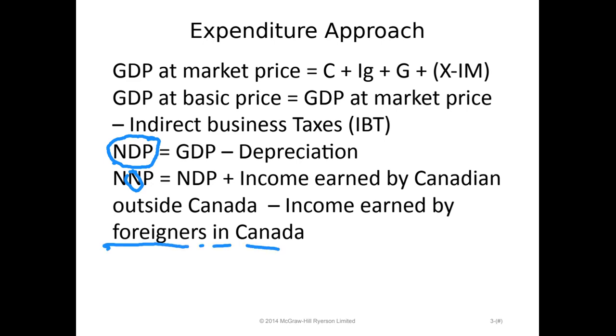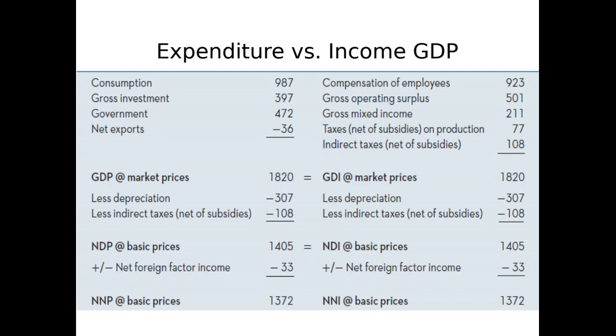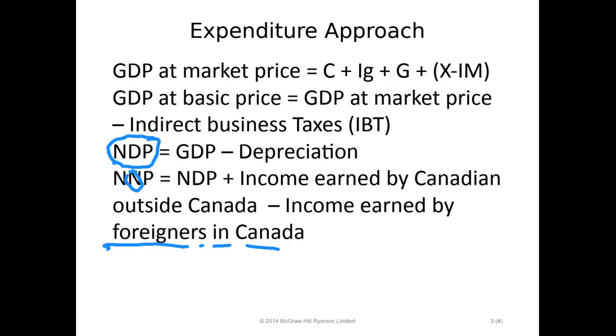If we make this adjustment, notice here, net foreign factor income is, let's say, minus 33 million dollars. I'm just making this up. I don't know what the total is, but suppose minus 33. If income earned by Canadians outside is, let's say, 100 million, then income earned by foreigners in Canada must be 133.